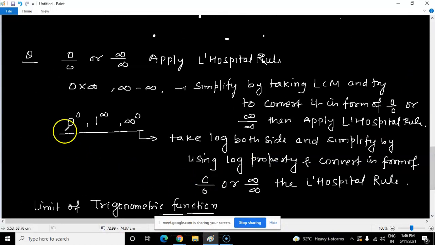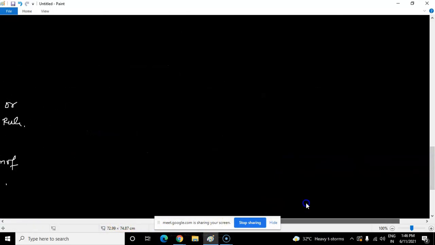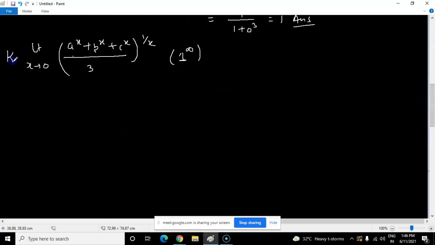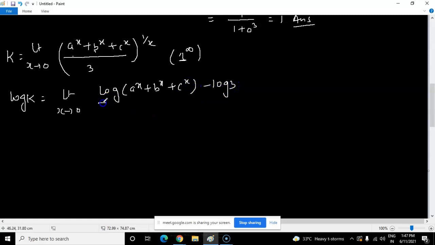For this form we have to take the log on both sides. Let the limit be k. Taking log on both sides, log of k becomes the limit as x tends to 0 of [log of (a^x + b^x + c^x) minus log 3] divided by x, because the 1 by x will come down here.